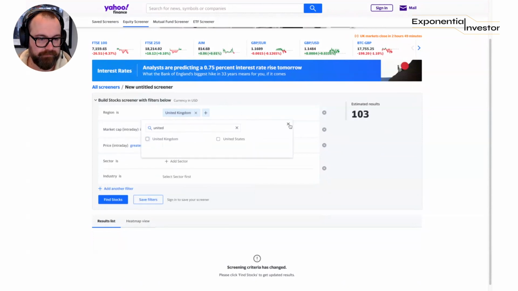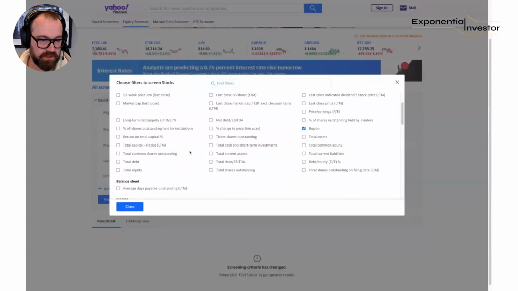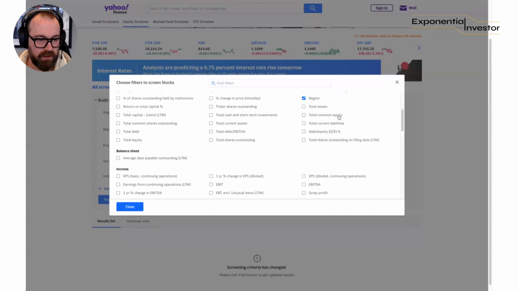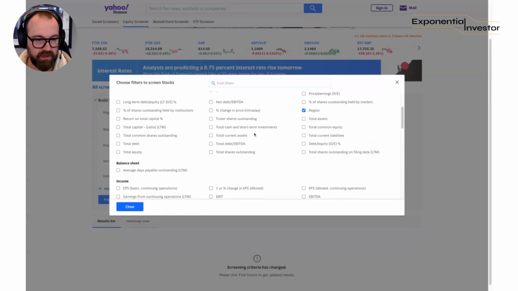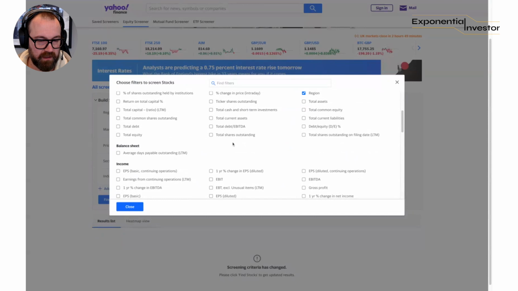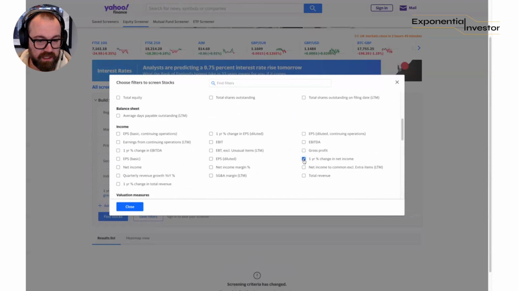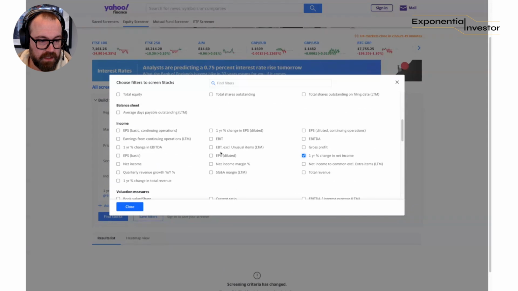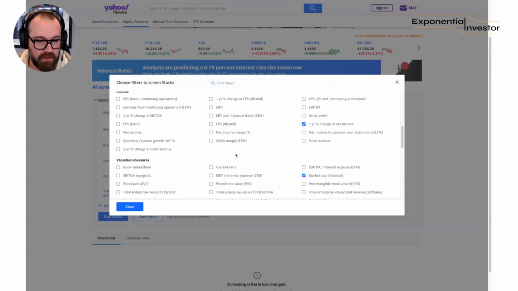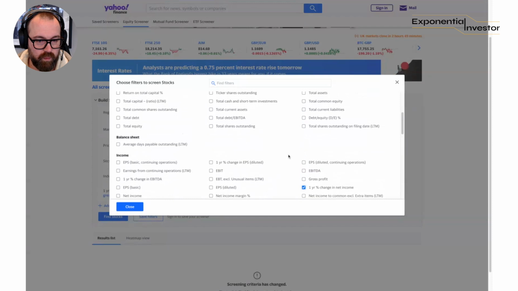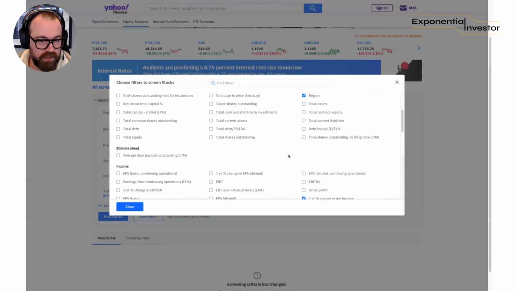Okay. Now let's go small caps. Let's add some filters. There was region, tucked away over there. I now know at least how to add it back, because that never usually drops off. Let's go 1 year percent change in net income. Where's my price to earnings ratio?